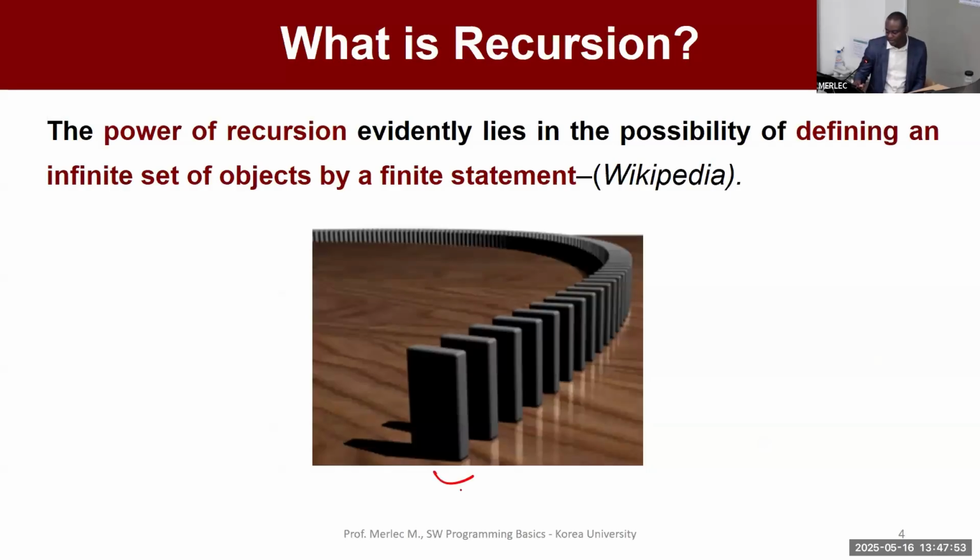You can just define the process using some representative cases, and then this representative case will be reused again and again until you solve the whole problem. This is the power of recursion, especially when we use it in computer science programming method or technique.